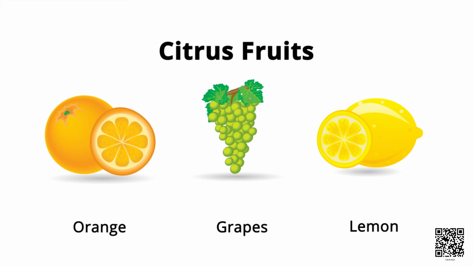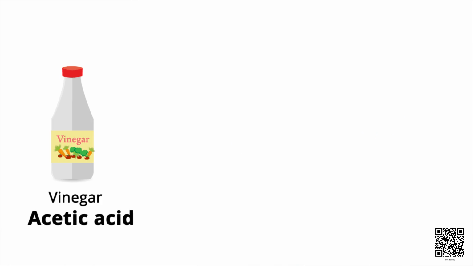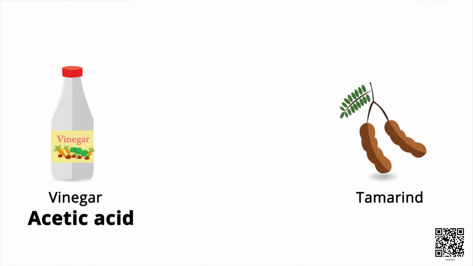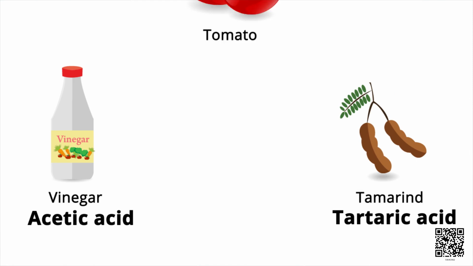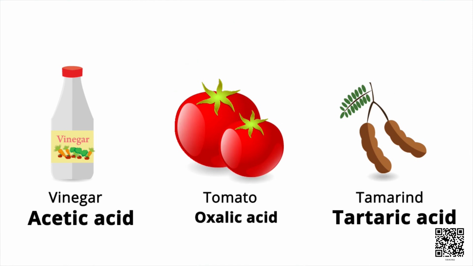They are sour in taste because of the acid present in them. Some examples of other easily available household items that contain acids are vinegar, which contains acetic acid; tamarind, which contains tartaric acid; and tomatoes, which contain oxalic acid.